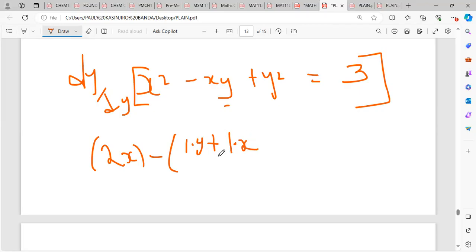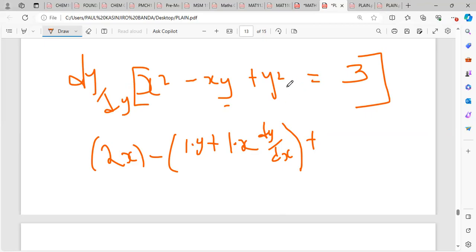Then to this product that you are going to get, you're going to add dy dx. Why? Because you are differentiating y here and not x. You put it in brackets, then you say plus. So this one here is y squared.